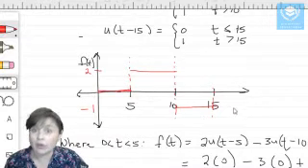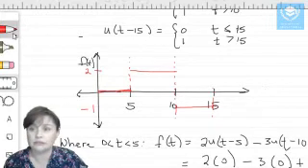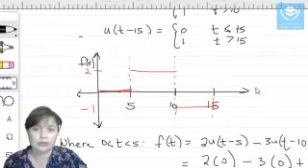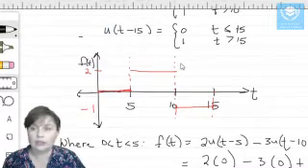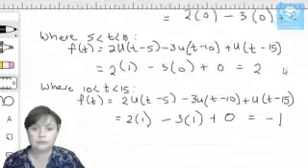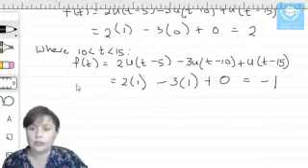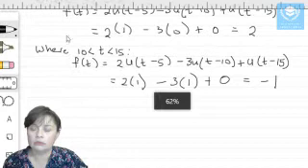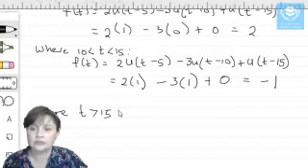Okay, now the last interval that we have is where t is greater than 15. Let me just label this axis so you know which one we're speaking about. So that is the t-axis. So we then write, we're looking where t is greater than 15.